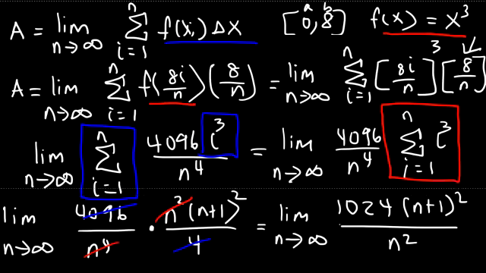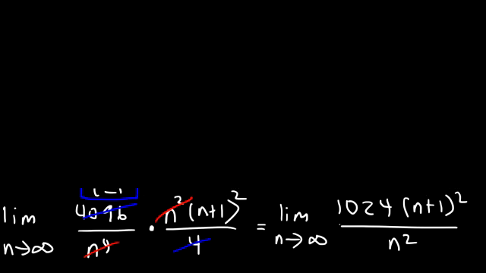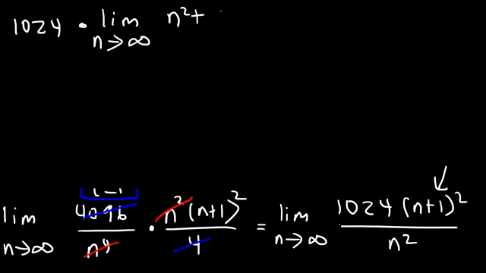So at this point, it's all math. So I'm going to move the constant to the front, because the limit will not affect it. Now I'm going to FOIL n plus 1. So n plus 1 times n plus 1, when you FOIL it, it's going to be n squared plus 2n plus 1 divided by n squared.